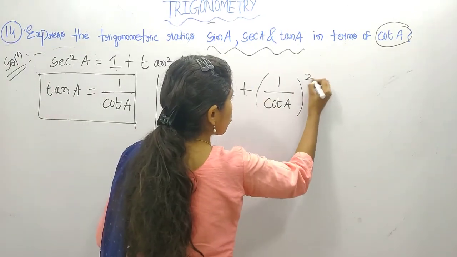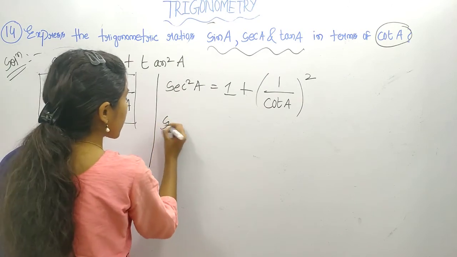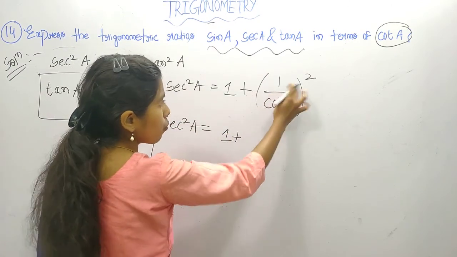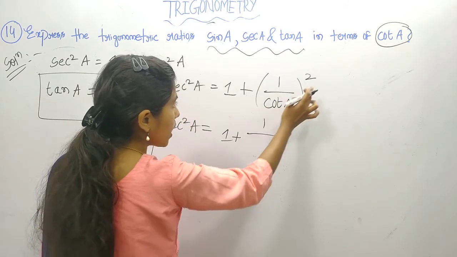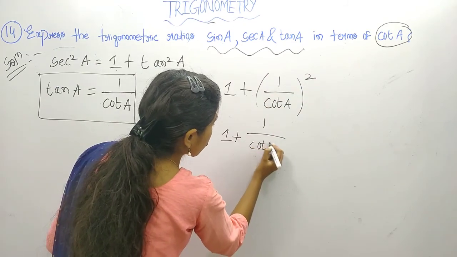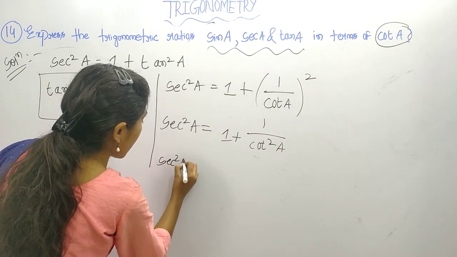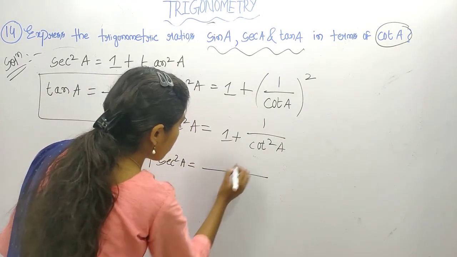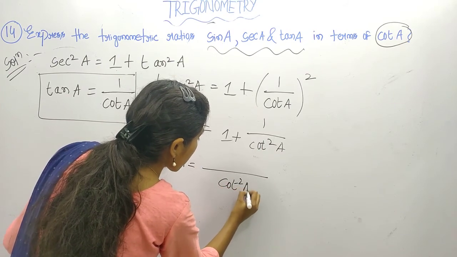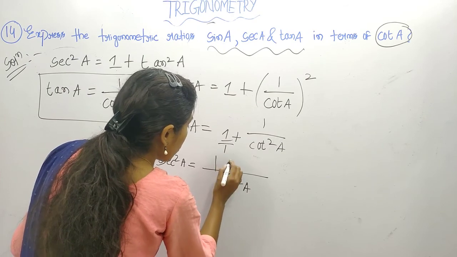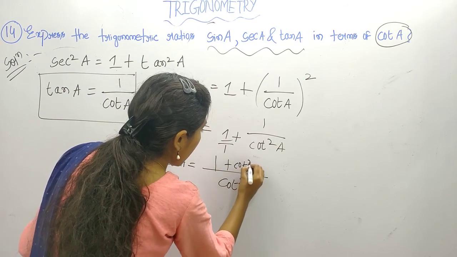So sec square A equals 1 plus 1 square is 1 divided by cot square A. So sec square A equals, LCM will become cot square A. Upside nothing is there, 1. So 1 plus cot square A.